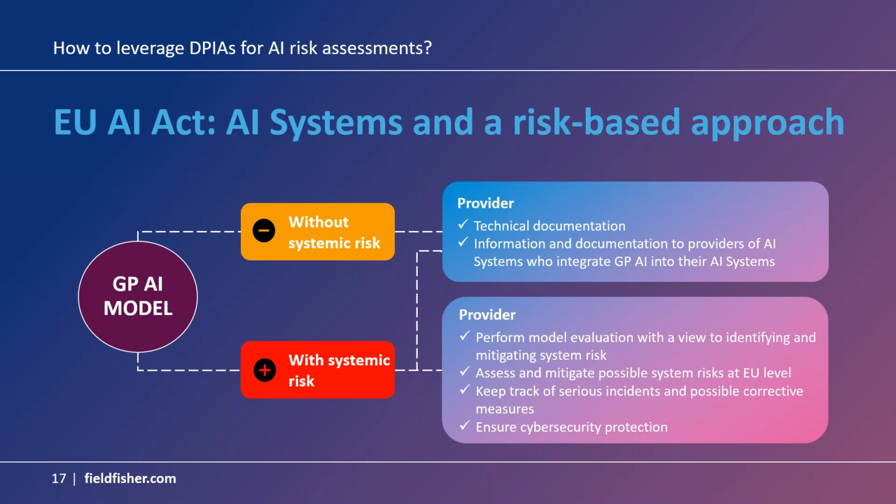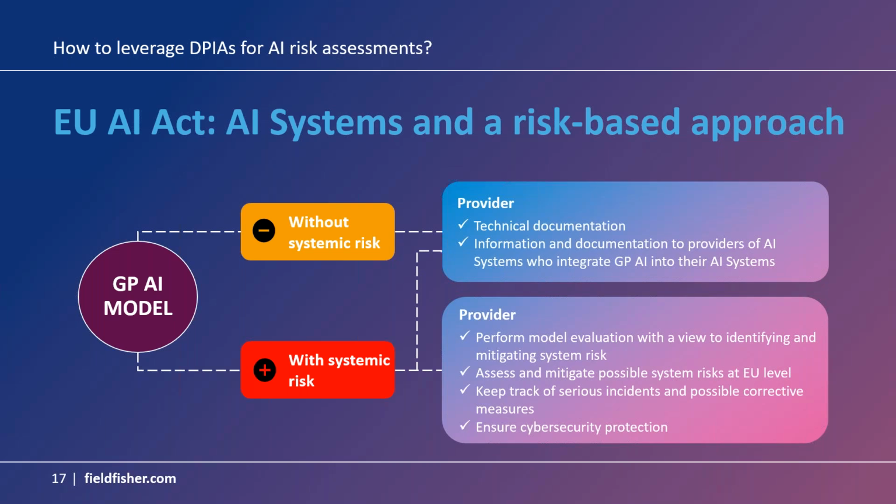Whether the AI model has systemic risk may be determined by a decision of the European Commission, ex officio, or following an alert by a scientific panel. Systemic risk may also take place if the AI model has high impact capabilities on the basis of the amount of computation used for its training.